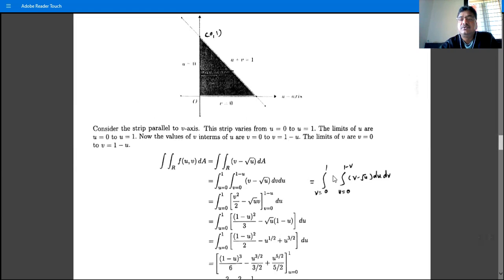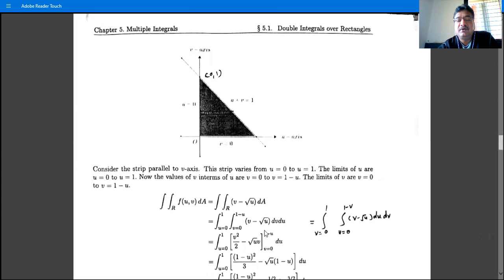Okay. If we have to integrate with respect to v first, then the function is as it is, v minus root u. First write dv, then write du. Draw the strip parallel to v axis now. Its one end touches v is equal to 0, which is the equation of u axis, so v is equal to 0 is the lower limit.